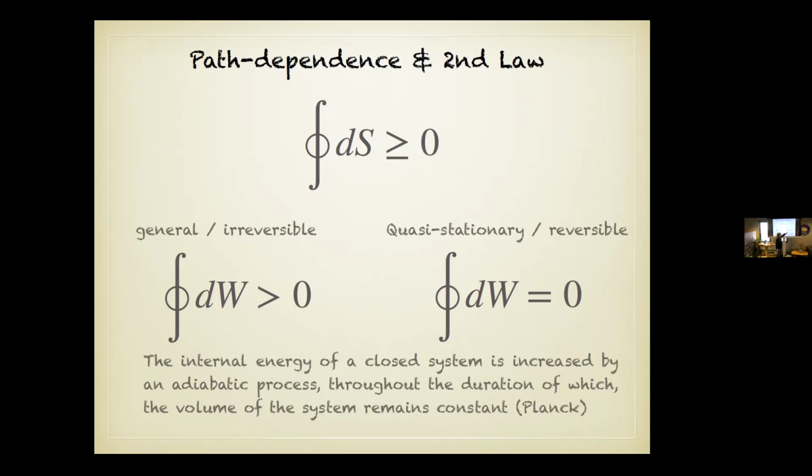If the circular integral over the work is 0, then the work I put in is exactly equal to the work I got out. There's no irreversible work lost. And in that case, I've lost energy to the system, and this gets moved.